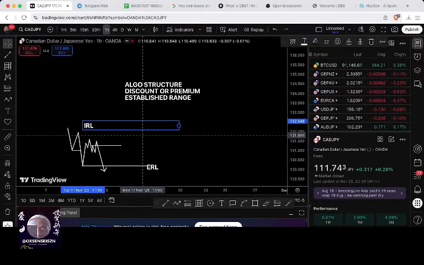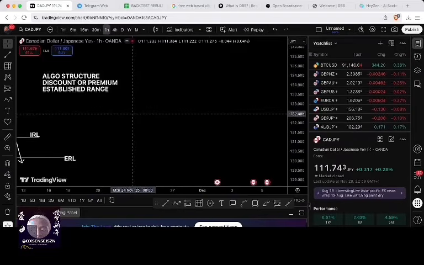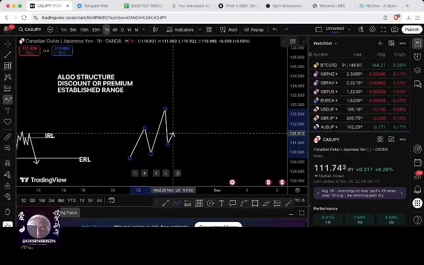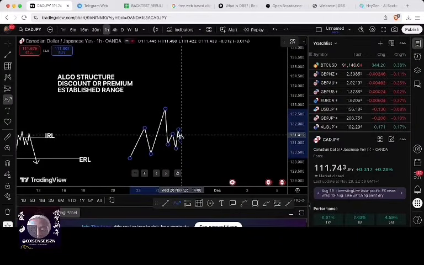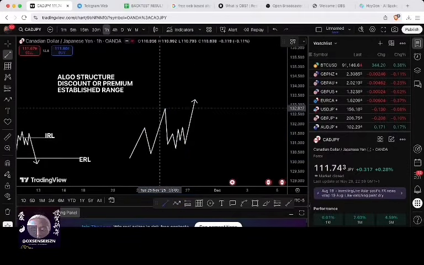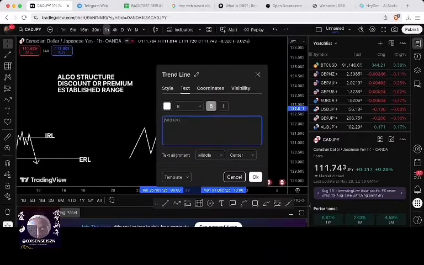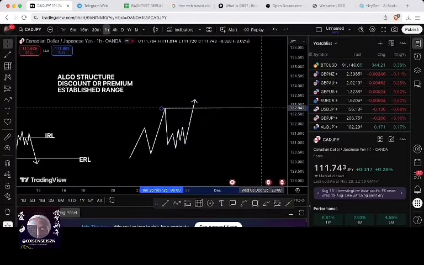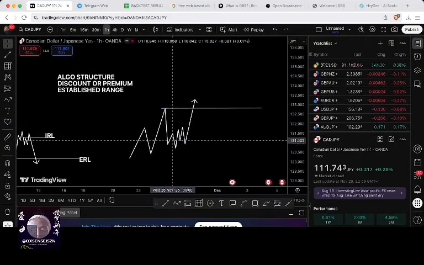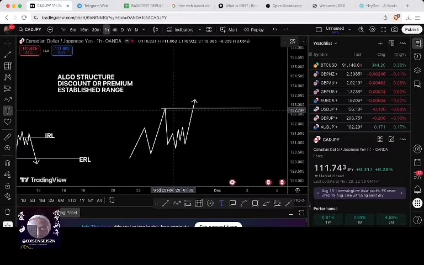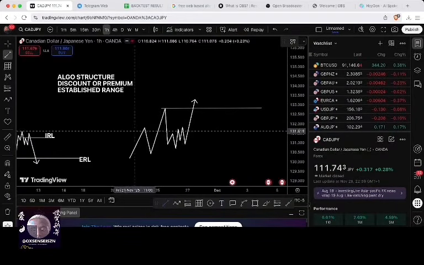When you flip this to a bullish example, you would also see similar to this. Market breaks structure, we come on to form internal range liquidity here. The market will take this internal range liquidity, then head for external range liquidity. So even if you don't trade algo market structure, you can use this to get your draw on liquidity. Even if you're trading a system that maybe uses change of state of delivery or order block or whatever system you use, you can always use this to determine your next draw on liquidity.